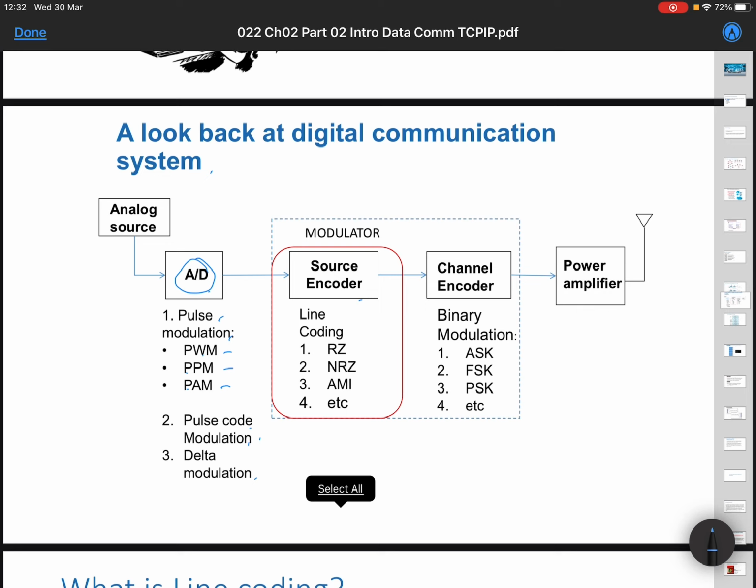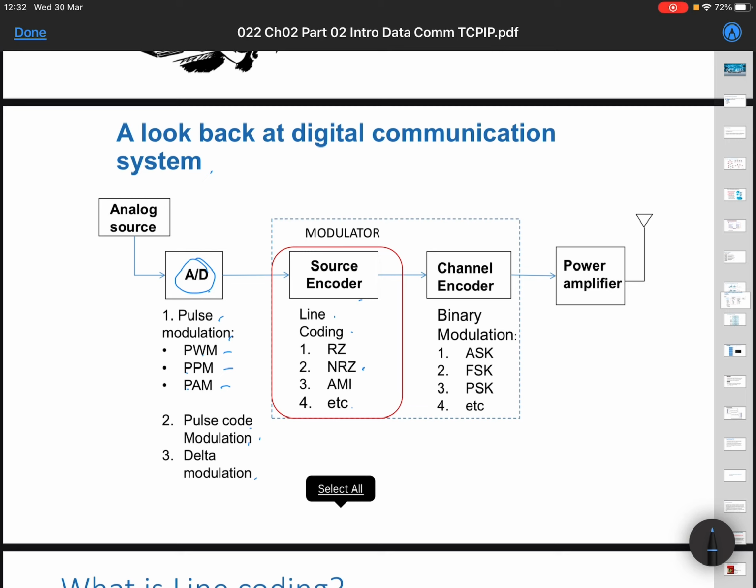At the modulator, you have a source encoder and a channel encoder. For the source encoder, you have line coding: RZ and NRZ, AMI, etc. For line coding, RZ is return to zero and NRZ is non-return to zero. For the channel encoder, you have binary modulation: ASK, FSK, PSK.